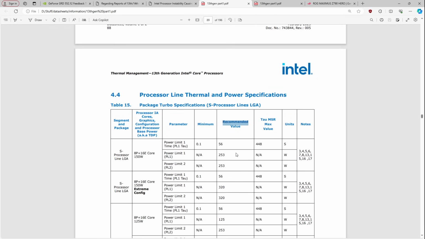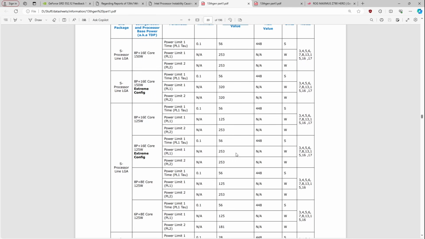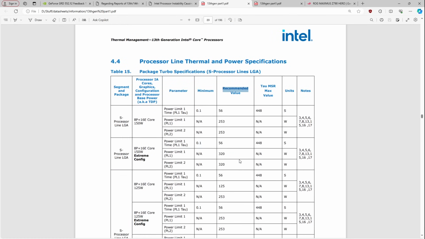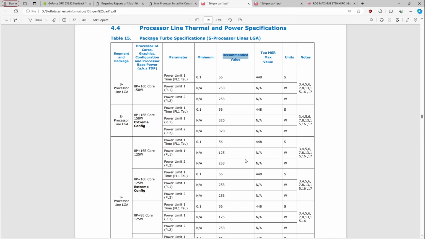That's the one thing the motherboard vendors don't get to play with. And yet if that is not enough to keep the CPU from damaging itself, then that's a massive problem. So I find that really hard to believe.